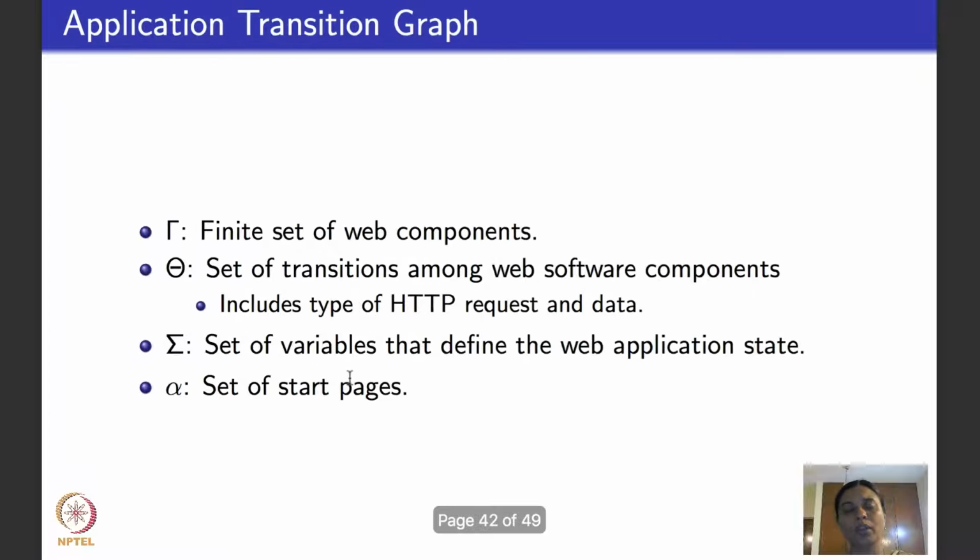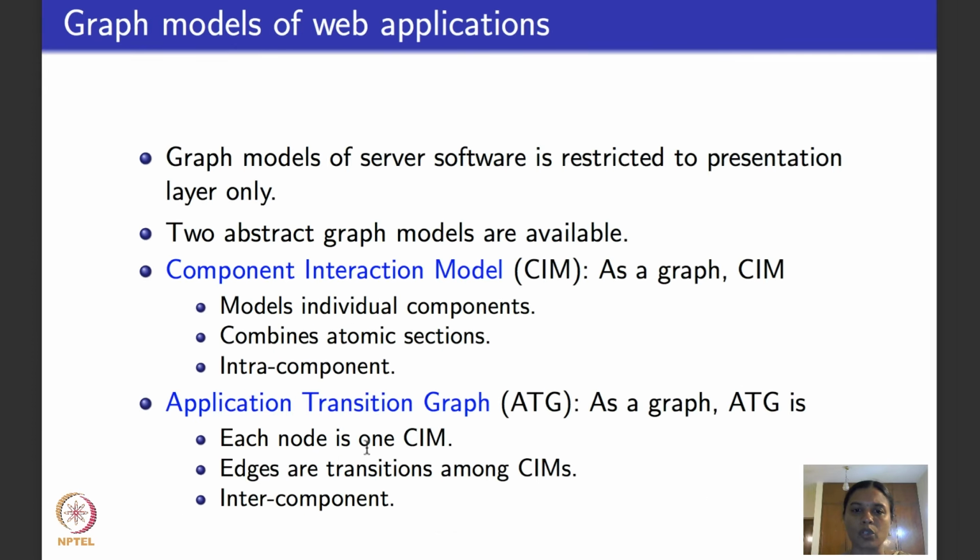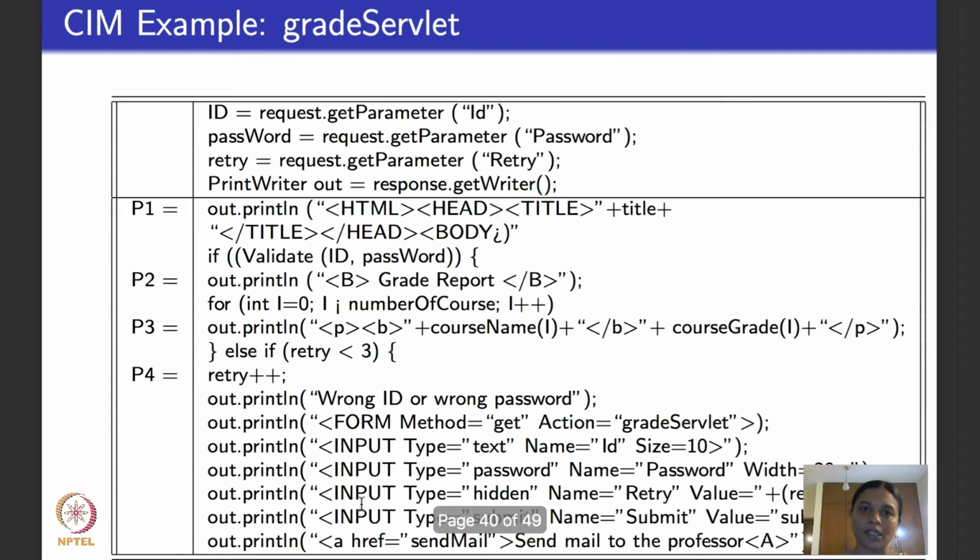Now moving on, we will look at how an application transition graph model looks like. If you go back to the slide where I introduced these two models to you, I said an application transition graph is also a graph where each vertex or a node is one CIM graph and edges are transitions amongst the components. So it models inter-component behavior at the presentation layer.